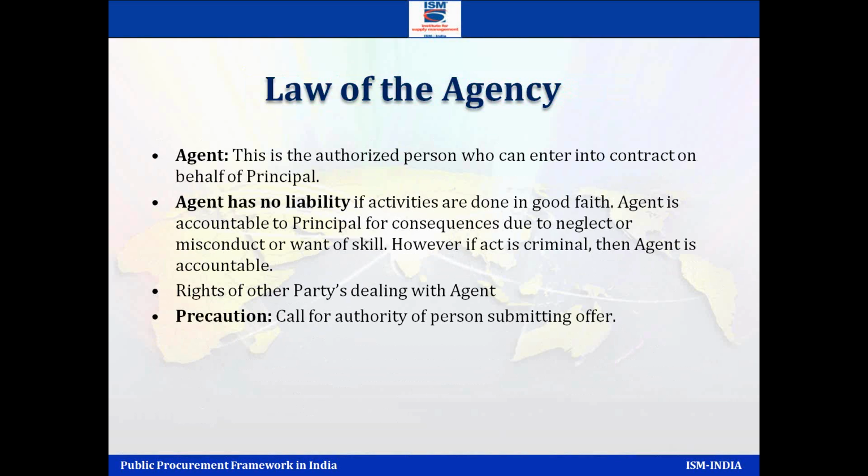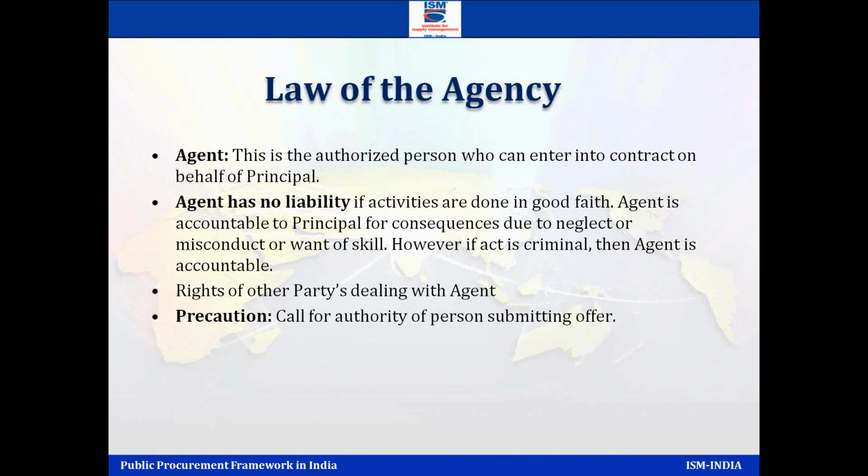Now the law of agency. An agent means a person who can enter into a contract on behalf of the principal. The principal is away, and now that principal has put somebody as an agent to sign on his or her behalf. But keep in mind, the agent has no liabilities.